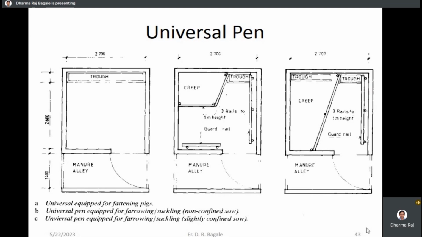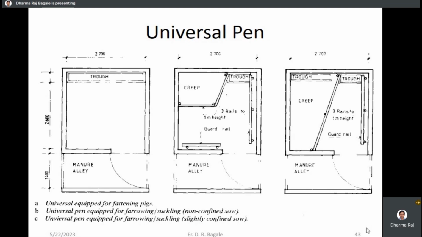Based on our requirements we can separate this universal pen with a creep area where the piglets may run, rest or feed based upon the size of the piglet. After the number of weeks they are born, we can change some alignment in this pen based on the space required.